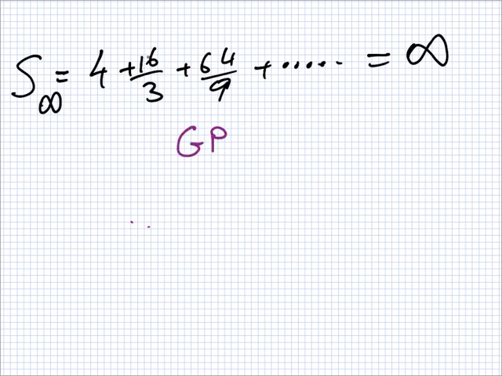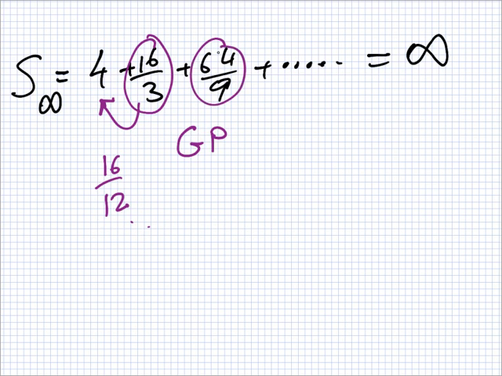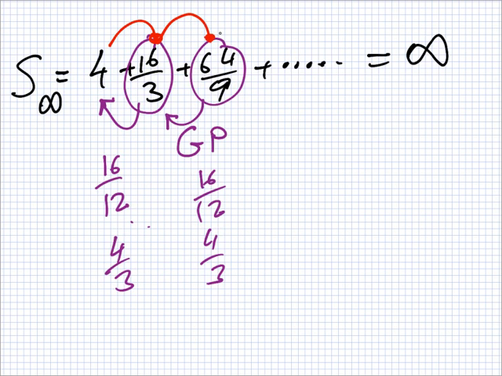If you took out your calculator and did 16 over 3 divided by 4, you get 16 over 12. If you did 64 over 9 divided by 3, you'd also get 16 over 12, which is 4 over 3. So each time I multiply by 4 over 3.